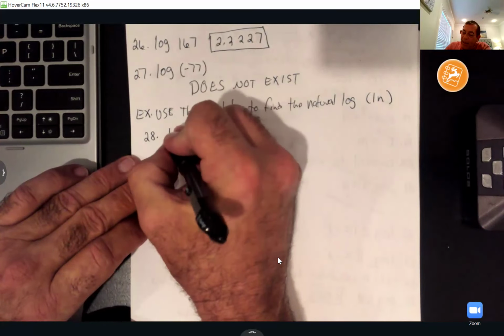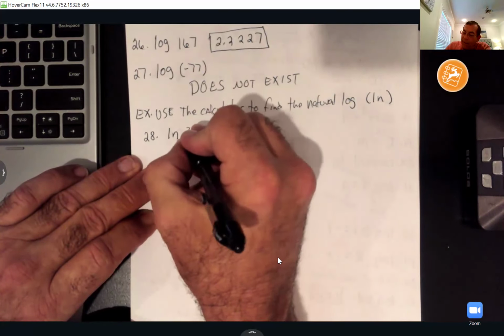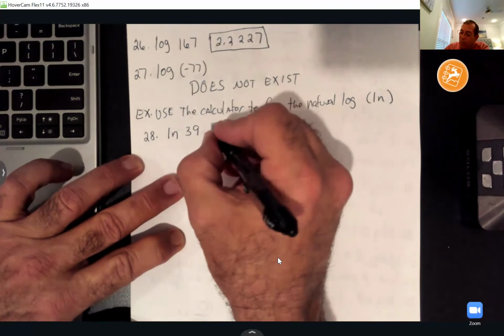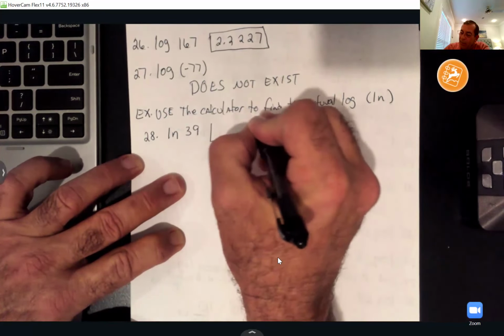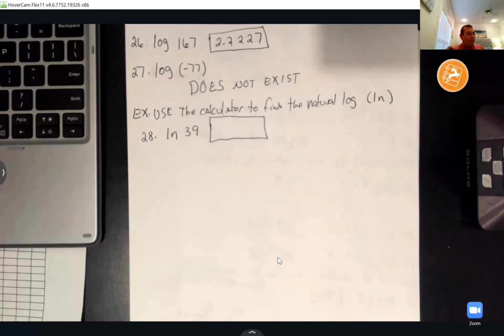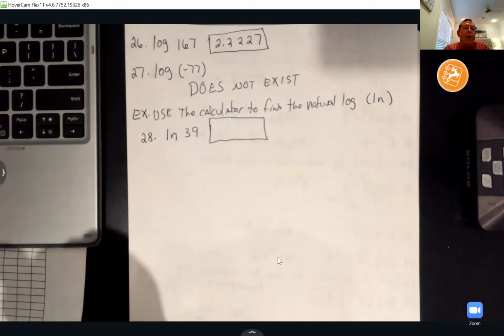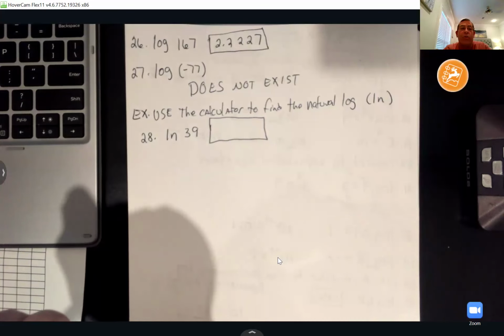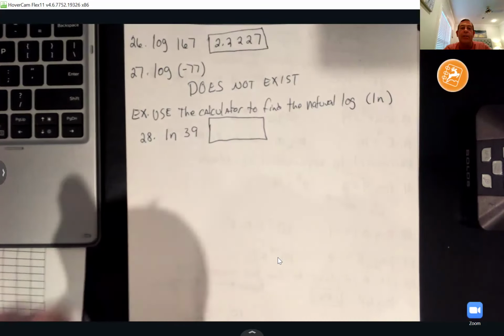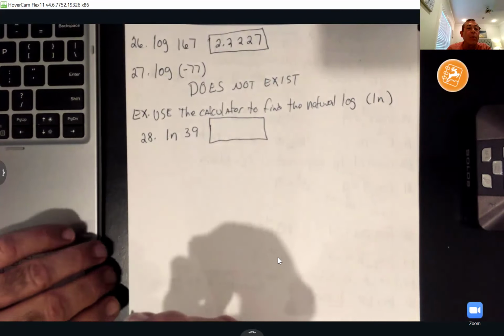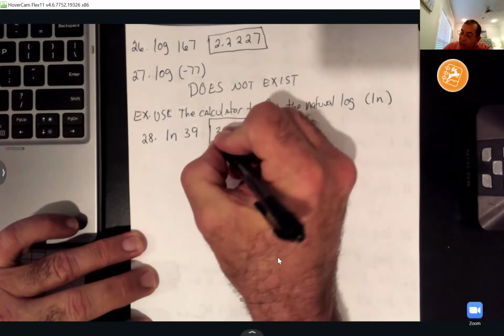How about LN of 39? Round it to 4 decimal places. Nova, when you get that where it says quit screen, that's going to be does not exist. All right, y'all, looks good. 3.6636. Good job.